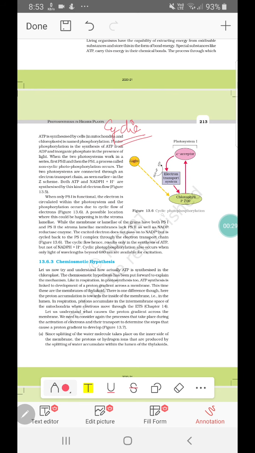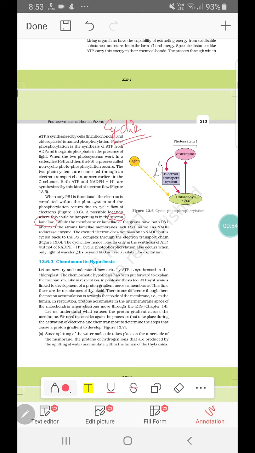Cyclic means, like you can see in this figure 13.6, that it starts with one molecule and again reaches the same molecule. That is the cyclic flow. The location of this is the stroma lamellae. Why so? Because here only one photosystem is present, that is PS1.